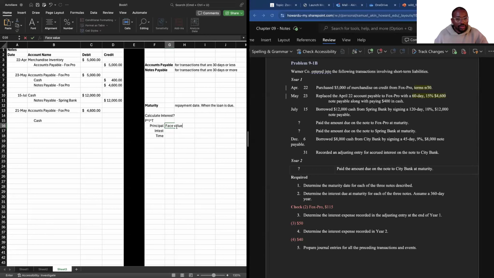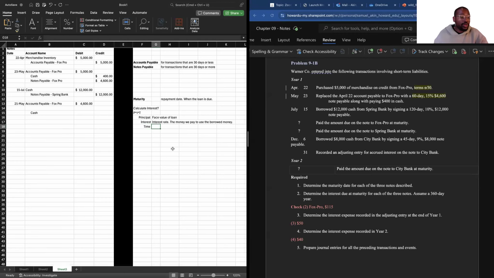Interest is the interest rate, or the money we pay to use the borrowed money.